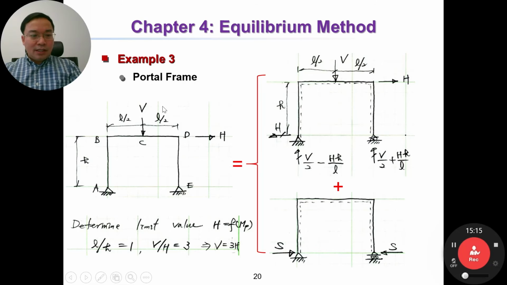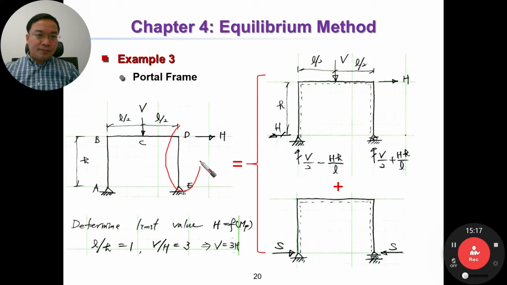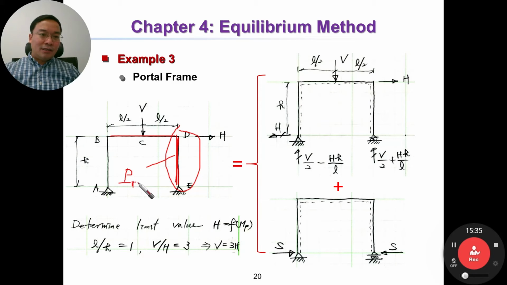Original one. Here is DE. DE is compression, of course. Okay, under compression. The previous one is tension. This one is compression. Okay, then we have to check P in this one, PDE.